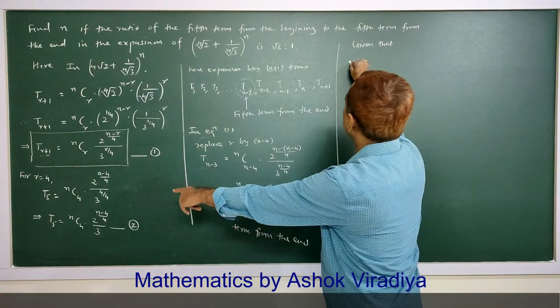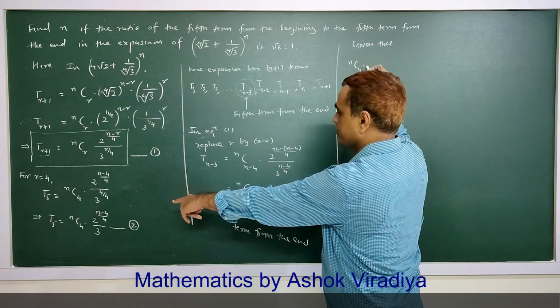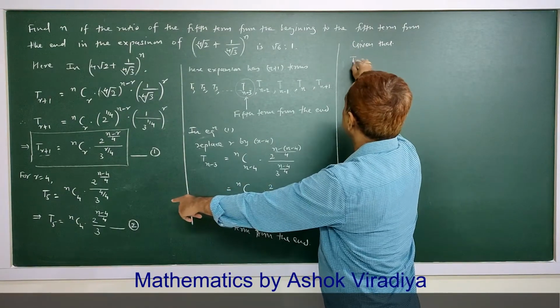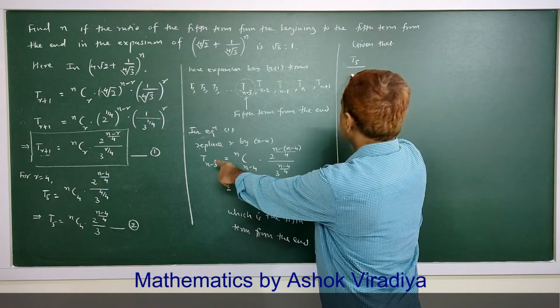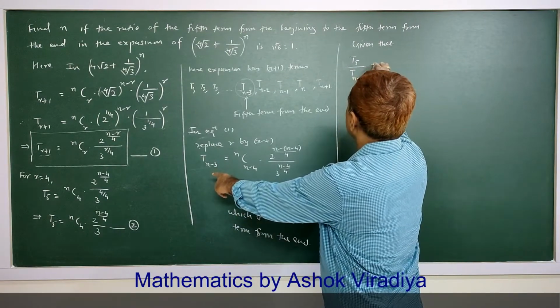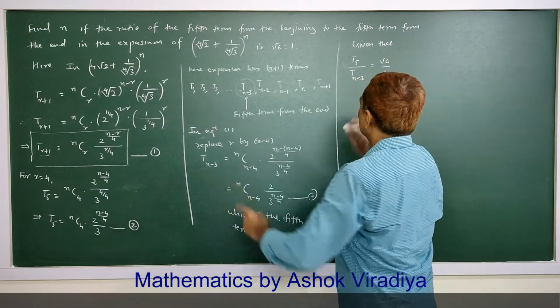So this is T5 upon T(n-3), which is root 6 is to 1.